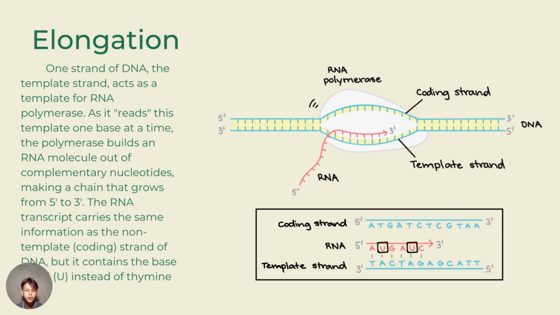The RNA transcript carries the same information as the non-template coding strand of DNA, but it contains the base uracil. So here in transcription, instead of thymine, we will use the nitrogenous base uracil. In the diagram, we observe that the complementary base of A in the template strand is U, or uracil.